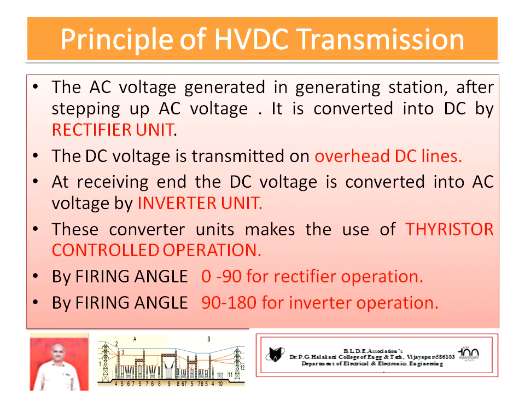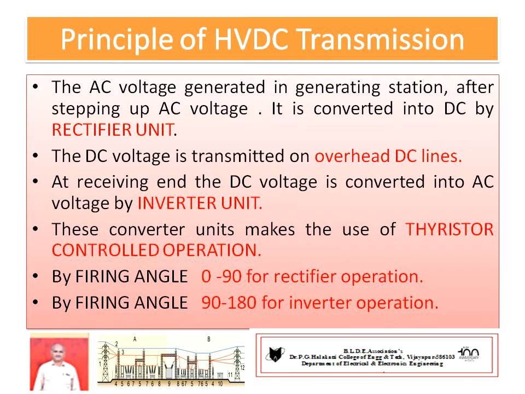At the receiving end there is an inverter unit which converts DC voltage to AC. The efficiency of the converters, both rectifier and inverter, makes the efficiency of the DC transmission line.